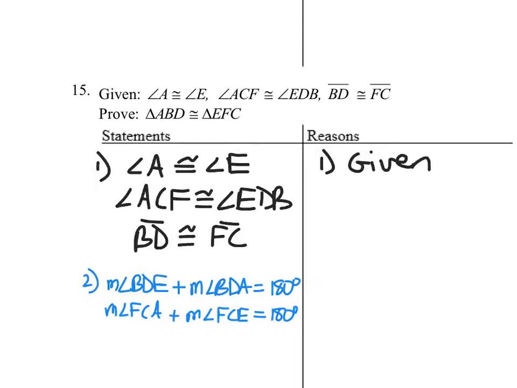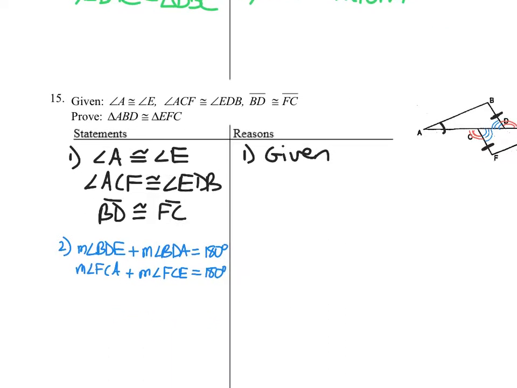All right. So there's a couple of ways that we could justify these statements. One would be that we're just simply looking at supplementary relationships. All right. Supplementary angles add to 180 degrees.